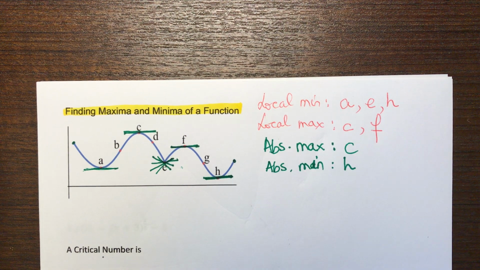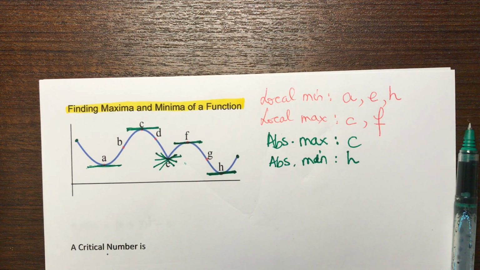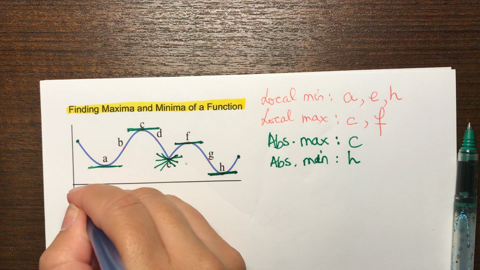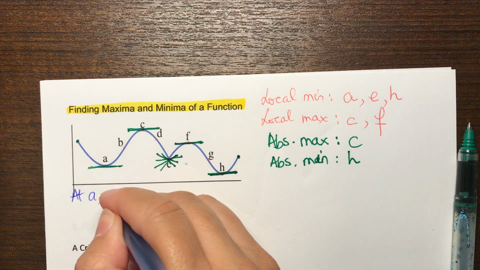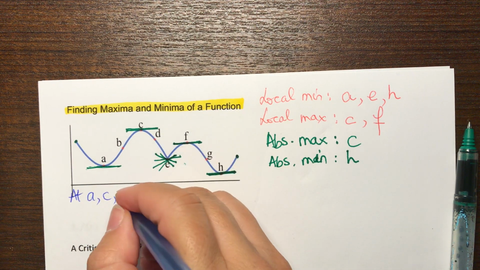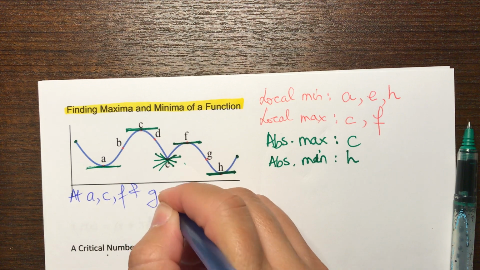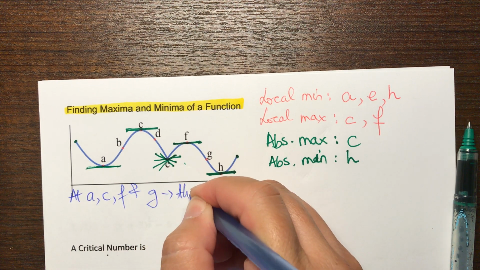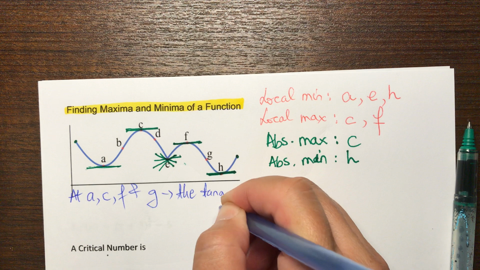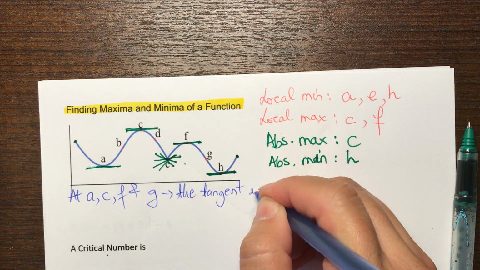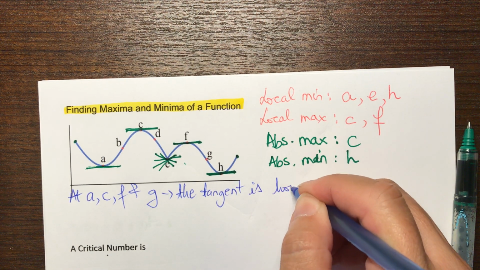Okay, so let me start writing these down. So at A, C, F, and H, the tangent line is horizontal.